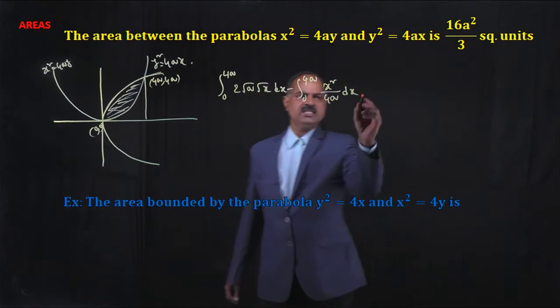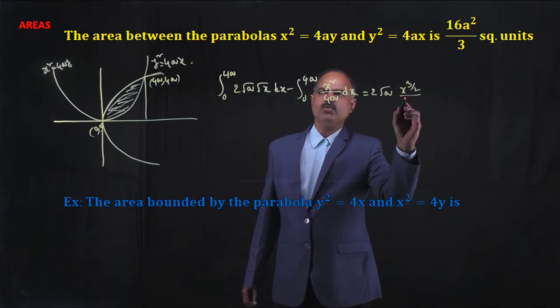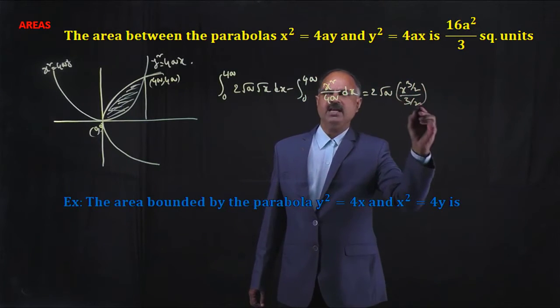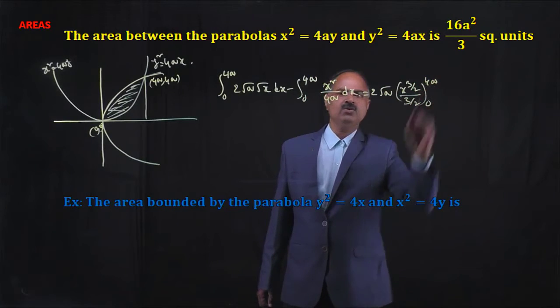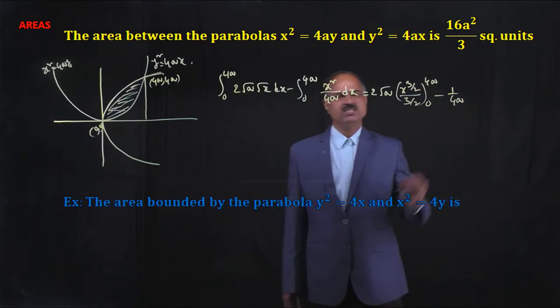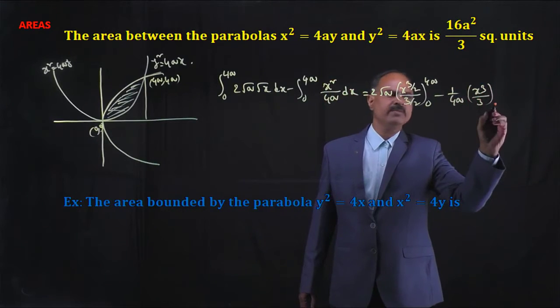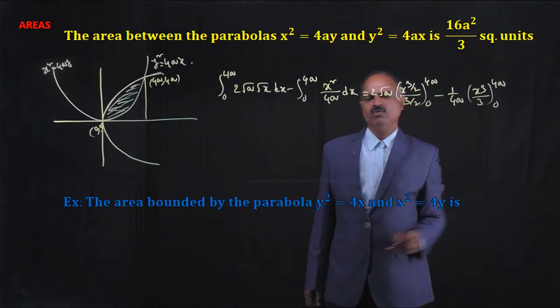Now this equals 2 root a into x power 3 by 2 by 3 by 2, with limits 0 to 4a, minus 1 by 4a into the integral of x square dx, which is x cube by 3, with limits 0 to 4a.